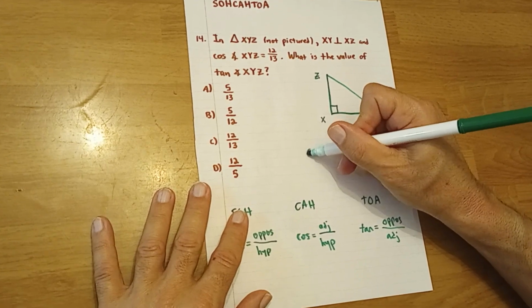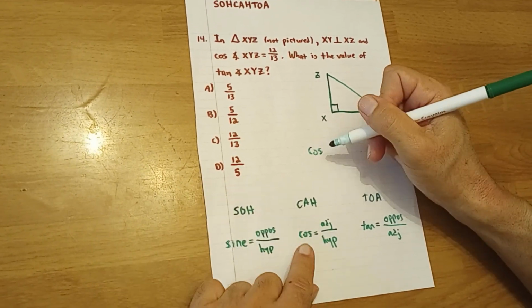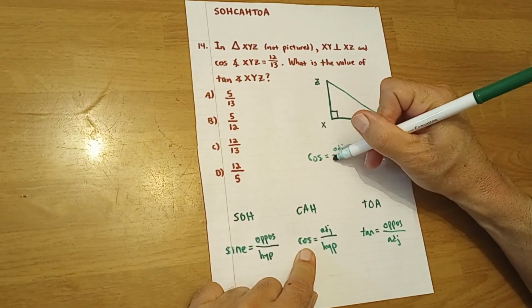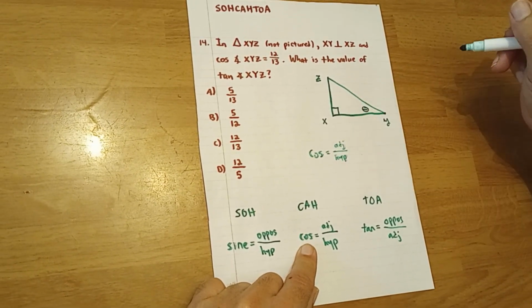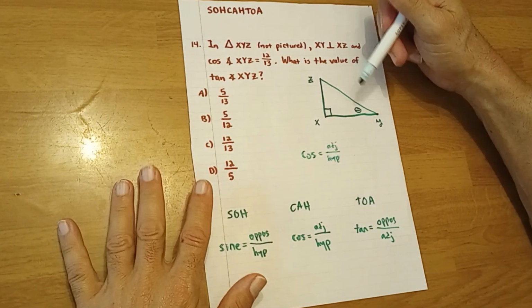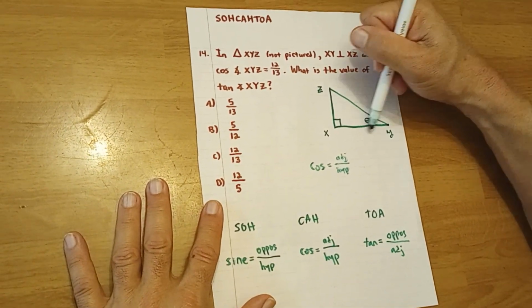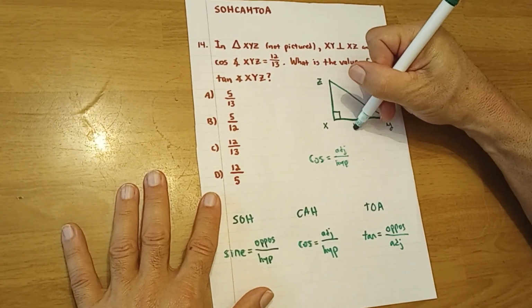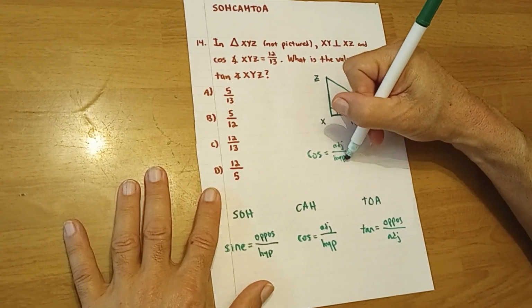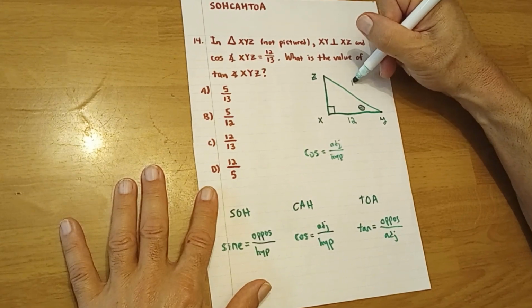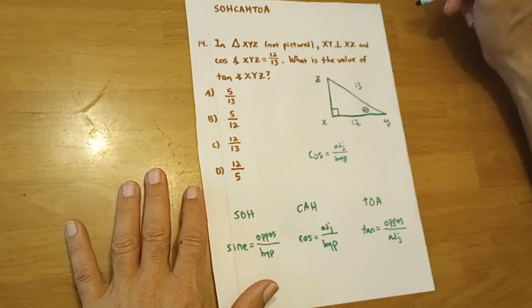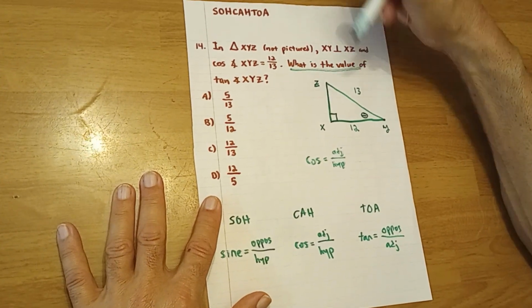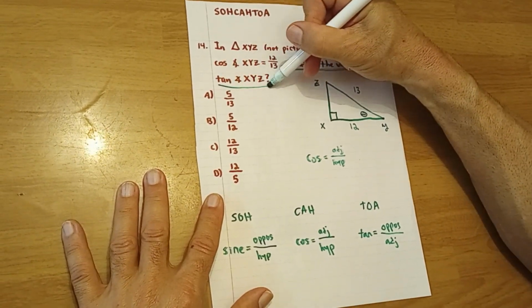So cosine equals the adjacent side over the hypotenuse, and the adjacent side would be the side next to. So the adjacent side is 12. The hypotenuse is 13.